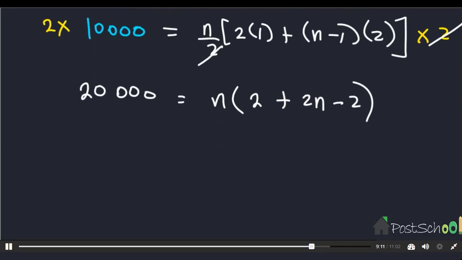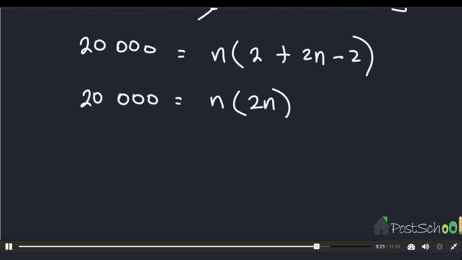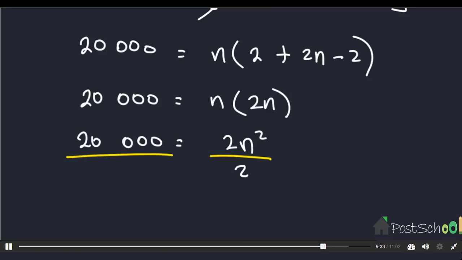Right, so this is going to be 20,000 equals n times, and then 2 minus 2 cancels, so we just get 2n. So 20,000 is going to be 2n squared, when you multiply 2n times n. Again, we can divide by 2 on both sides.